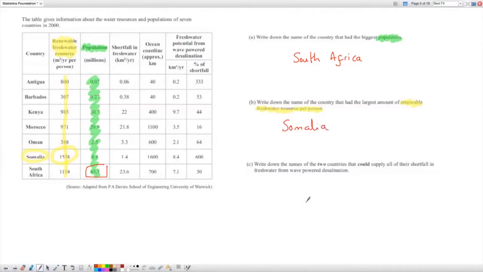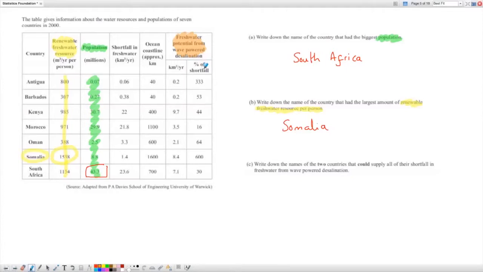We're then asked to write down the names of 2 countries that could supply all of their shortfall in fresh water from wave-powered desalination. So now we are looking at our column here. We have 2 values here. First, the cubic kilometres per year and the percentage shortfall.